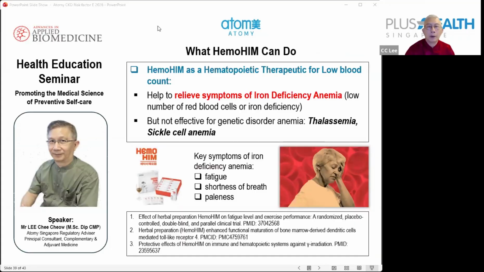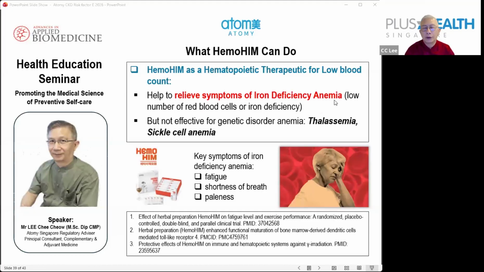So what can hemohin do? Therefore, hemohin is a hematopoietic therapeutic for low blood count. As we mentioned, based on the understanding, hemohin is actually able to help relieve symptoms of iron deficiency anemia.